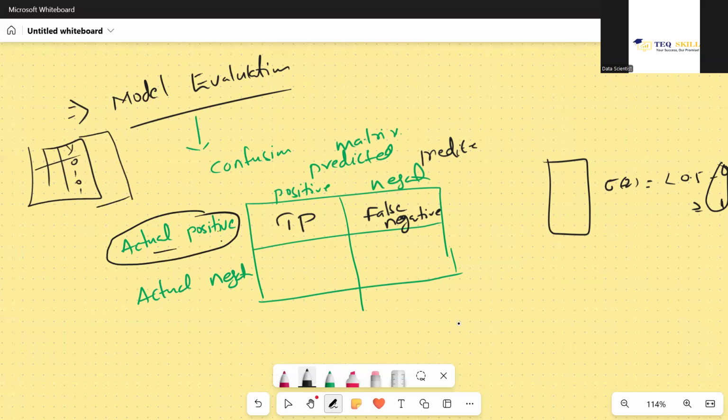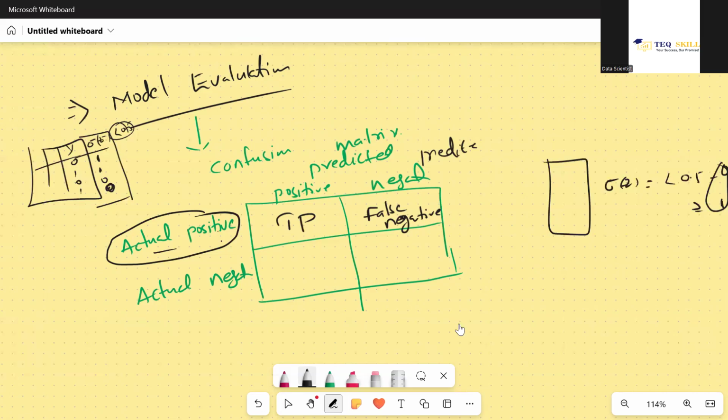But these are your logistic or sigmoid values. Based upon the sigmoid value and the threshold, you say it is predicted as 1 or 0.